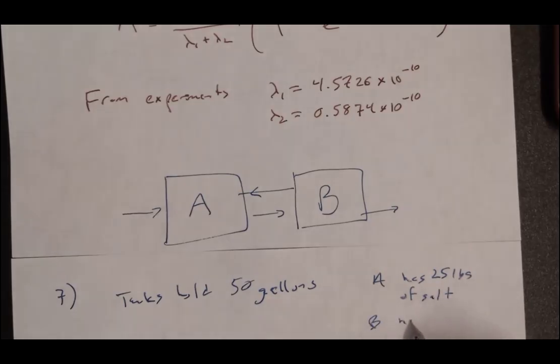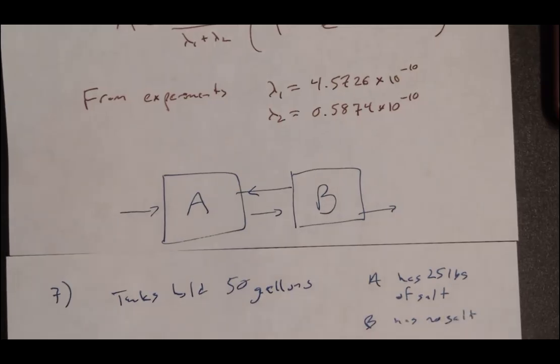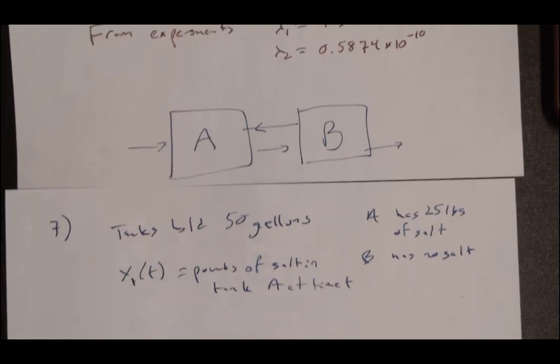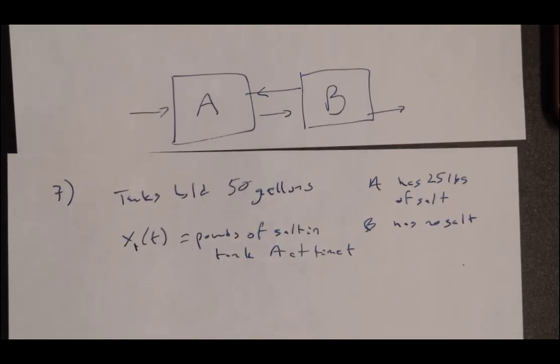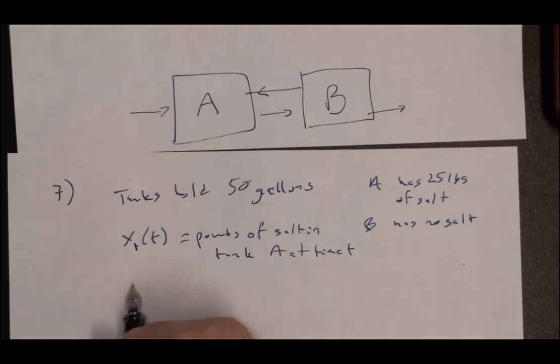Tank B has none. X1 of T is pounds of salt in tank A at time T. And X2 is going to be the same thing for tank B.